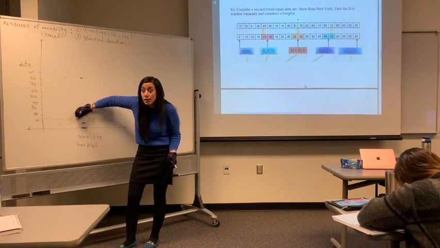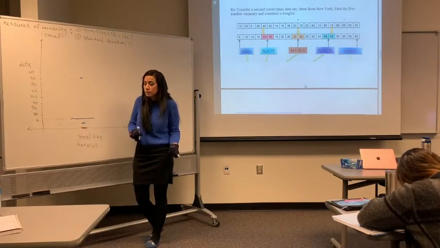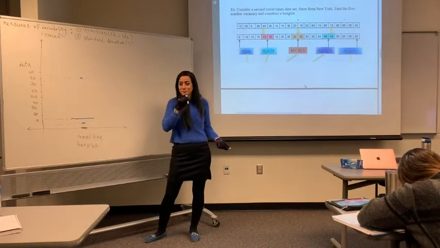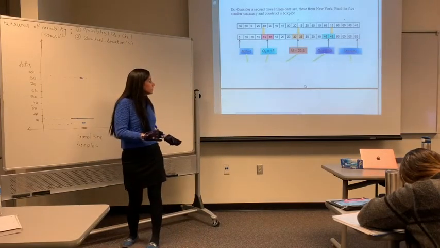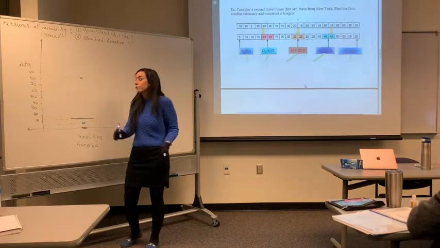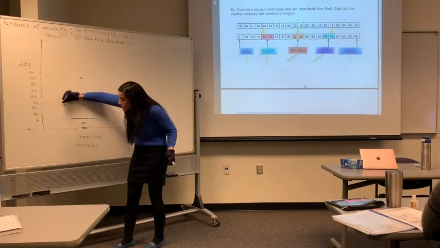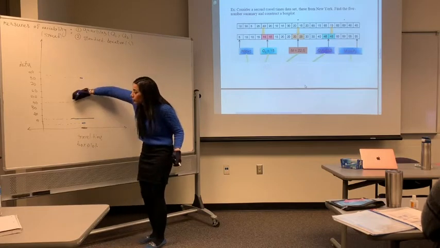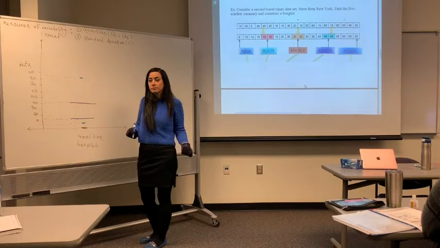For the Q1, I'm going to draw a line. Okay. For Q3, what is Q3? 42.5. Let's say here. I'm going to again draw a line.